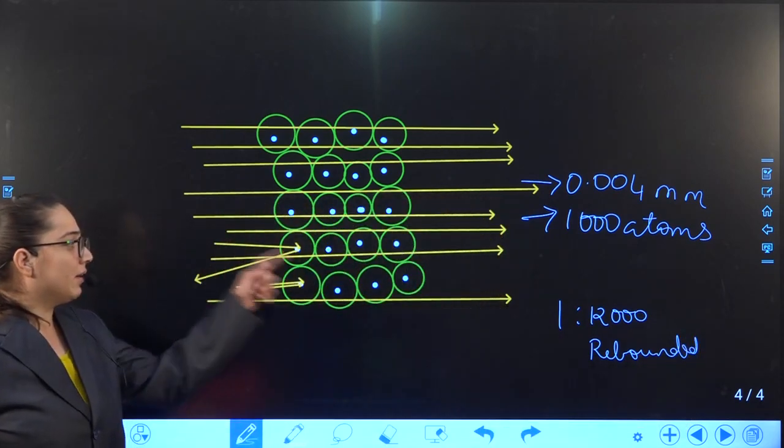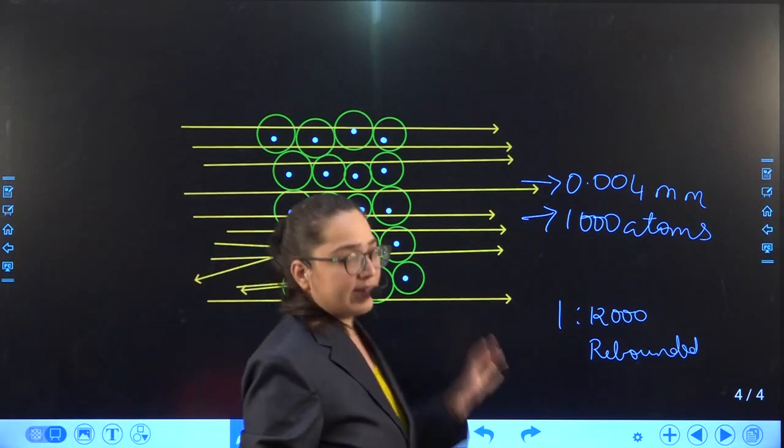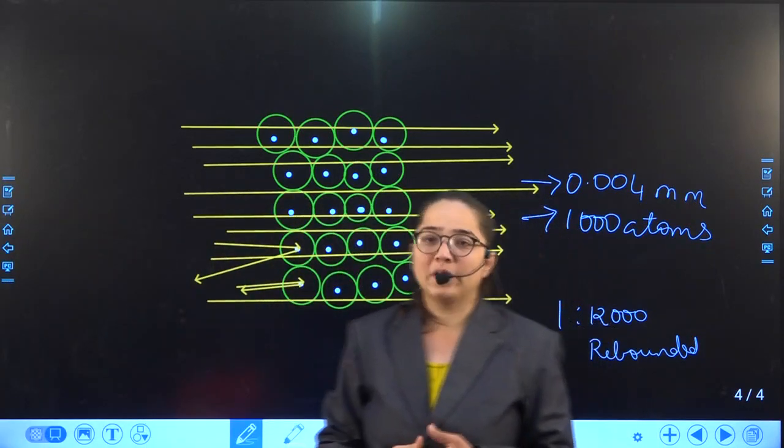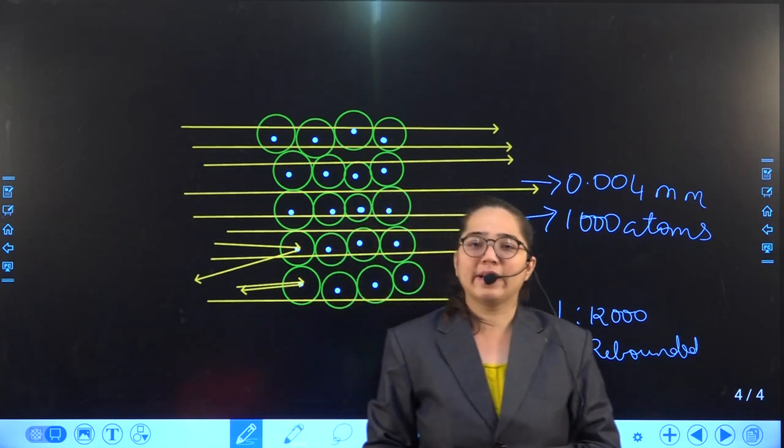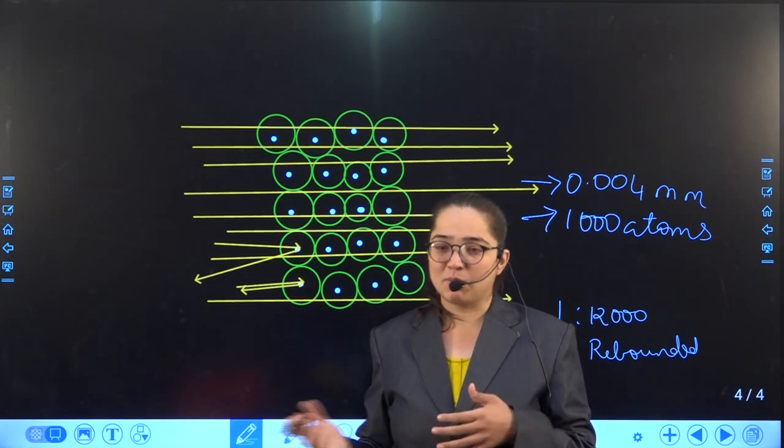It is tracked with the positive charge. Basically, when Rutherford did this experiment, it was totally unexpected from him. He had not expected that alpha rays would rebound in this small ratio.